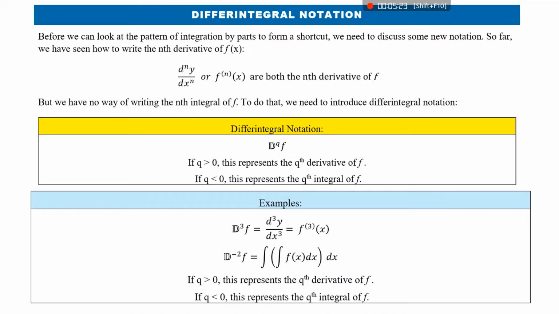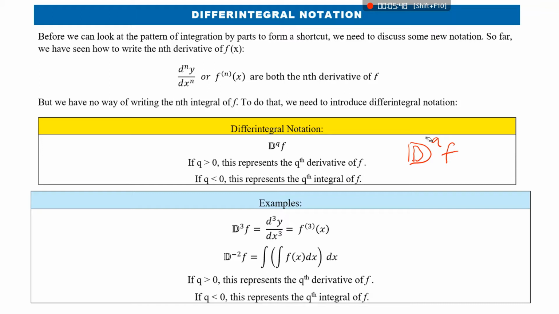For our shortcut, I'm going to introduce some new notation really quick. This is differ-integral notation, which is a way of writing a derivative or an integral of a function. The notation is sort of this double D, d^q f. If q is positive, then we'll derive our function that many times.